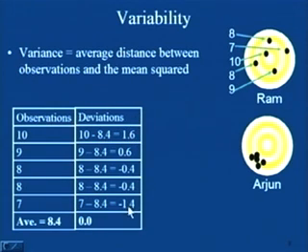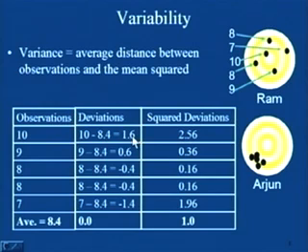So, these are the deviations from observation and the mean, and in the next column we will square all these deviations, that is 1.6 into 1.6 is 2.56, 0.6 into 0.6 is 0.36, means all these squared deviations we are calculating, and this figure tells us the summation of these things. So, this 1.0 represents the variance of the output of Ram with respect to the dart game.